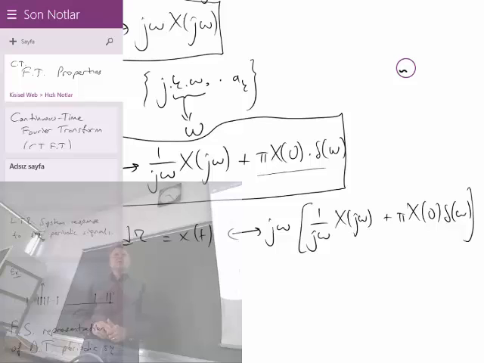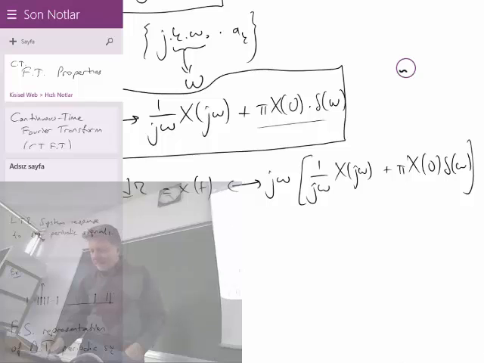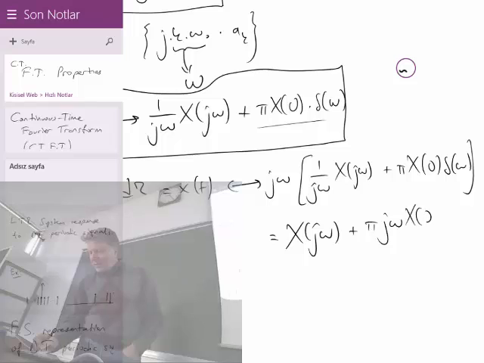Is this equal to X of j omega? It doesn't seem so. The first term, when you cancel this j omega with this j omega, you will have X of j omega, that it's there. But how about the rest? X of j omega plus, we will have pi j omega X of 0 delta of omega.